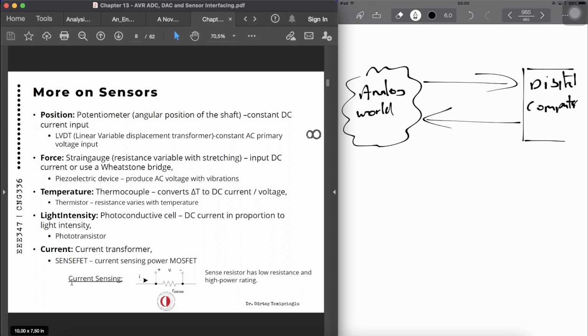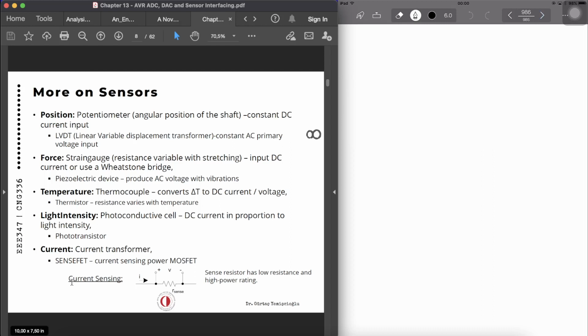Okay, so before we move on, we have to know and understand some of these digital to analog and analog to digital parameters and specifications. And VREF is one of those.